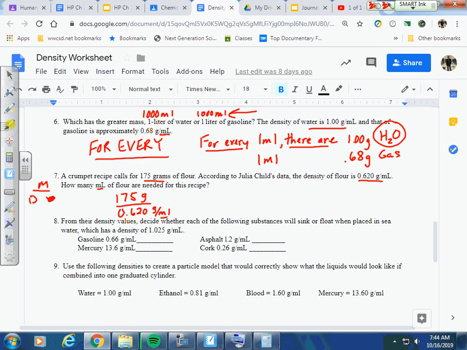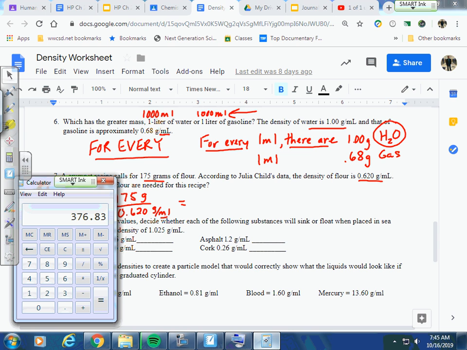So milliliters is the volume units we're dealing with here. So my answer is going to be in milliliters. And so 175 divided by 0.62 comes out to be 282. We'll say 282 milliliters. So now we know the volume.